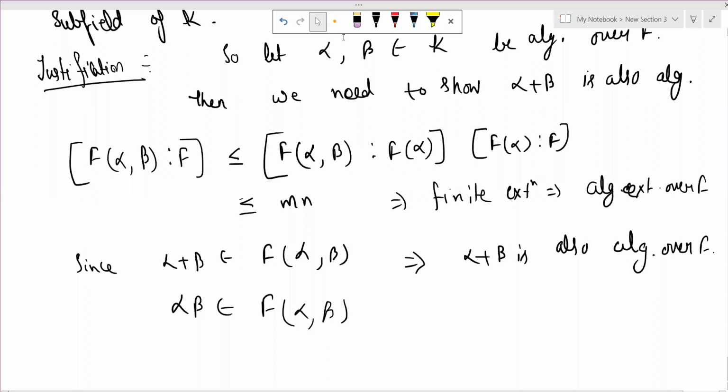True, sir. How? It's a finite field extension. So what? If alpha and beta are any two elements of a field, then is their product in that field? The question is this.